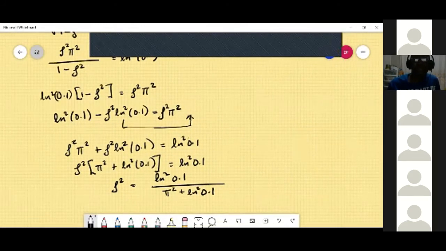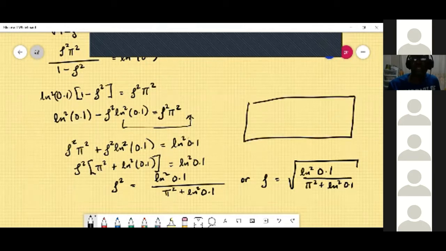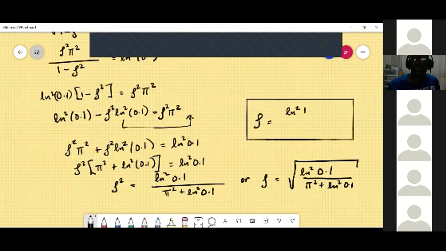Or damping ratio is equal to the square root of ln squared 0.1 over pi squared plus ln squared 0.1. Or the general formula: the damping ratio is going to be equal to the square root of ln squared Mp over pi squared plus ln squared Mp.